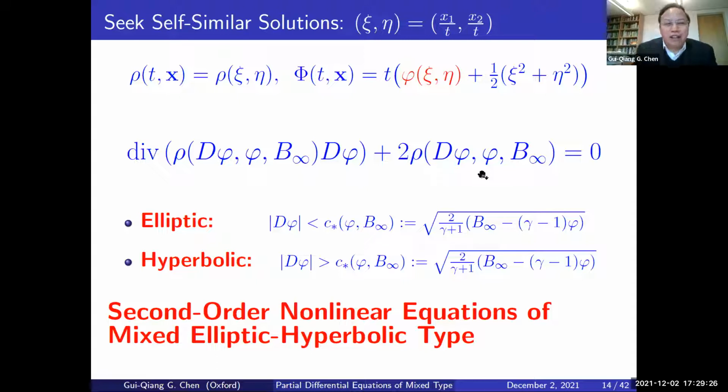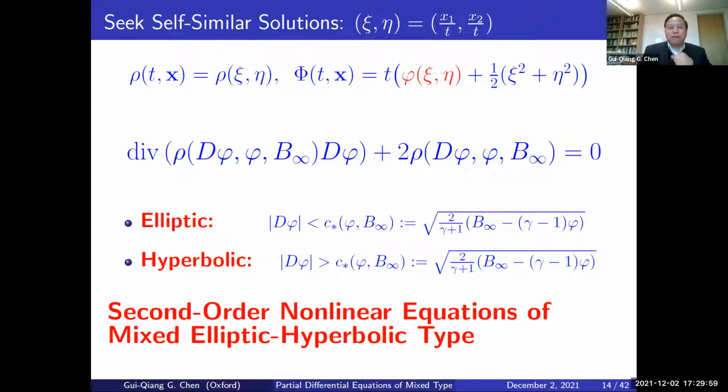It turns out the second order PDE is not purely elliptic; it's actually of mixed elliptic and hyperbolic type. This is the first example I want to show you. Very naturally, from a very classical physical problem, it comes out as a nonlinear PDE of mixed elliptic and hyperbolic type. The equation is elliptic when the gradient of phi is less than a certain function, and hyperbolic otherwise. So this is really a second order nonlinear PDE of mixed elliptic-hyperbolic type.